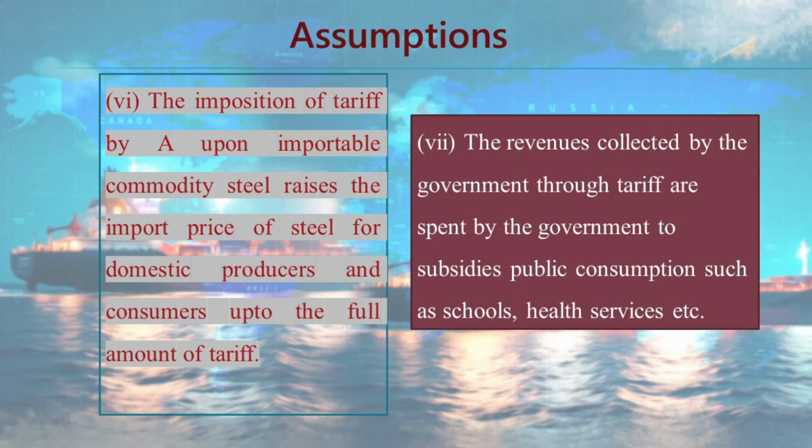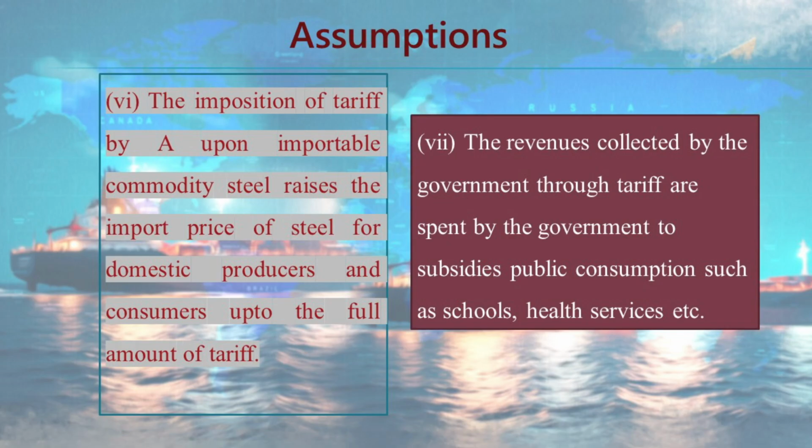If country A is imposing tariff on the commodity steel, steel is an importable commodity. Steel is coming to country A. Now if they impose tariff, what will happen? It raises the import price of steel for domestic producers and consumers up to the full amount of tariff.